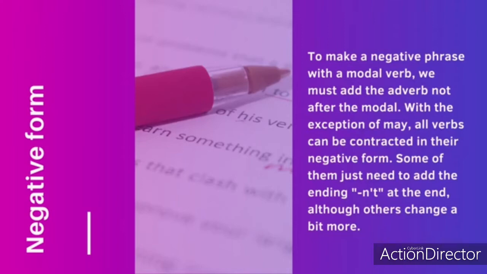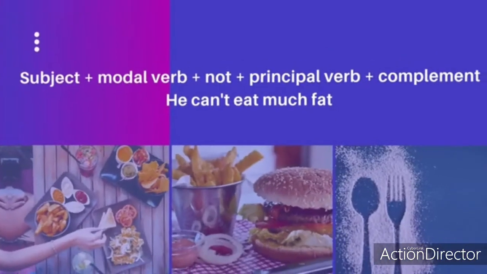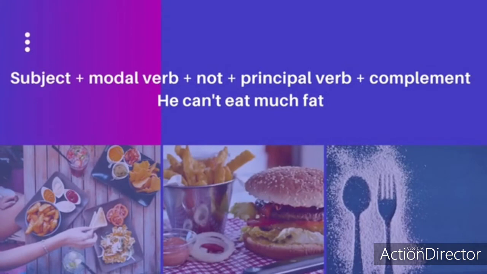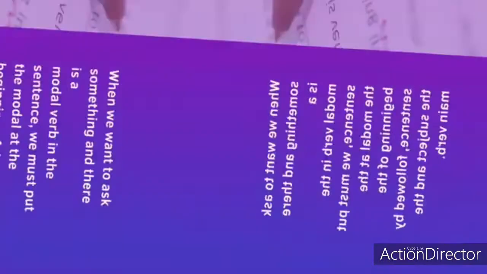For example, can't, won't, shouldn't. Structure: subject plus modal verb plus not plus main verb plus complement. For example, she can't eat much fat.